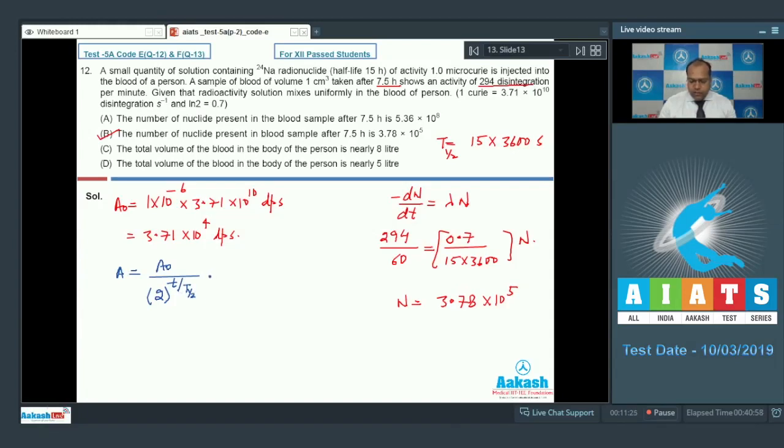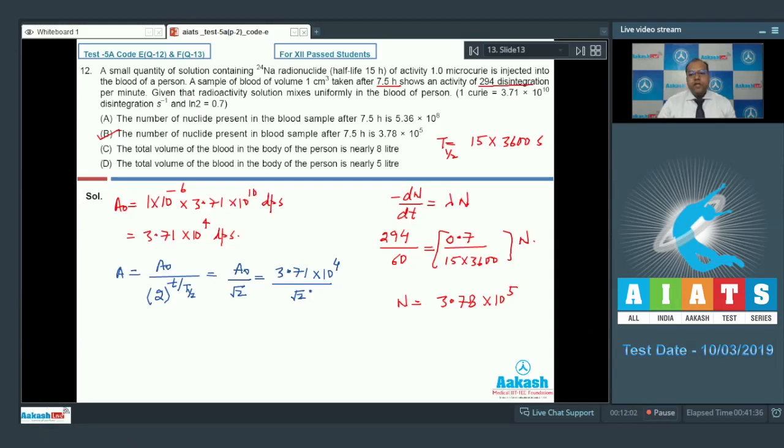At this instant, the value of t is t half by 2. So we can say that it comes out to be A0 divided by root 2. So if I substitute the value of A0, it is 3.71 into 10 raised to the power 4 divided by root 2.